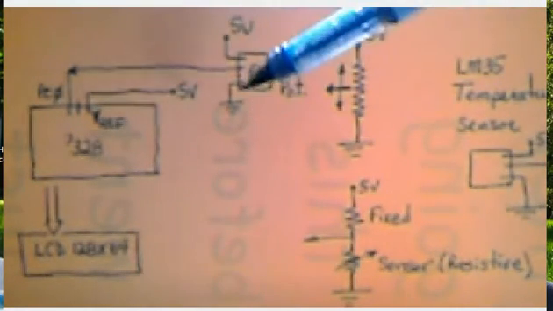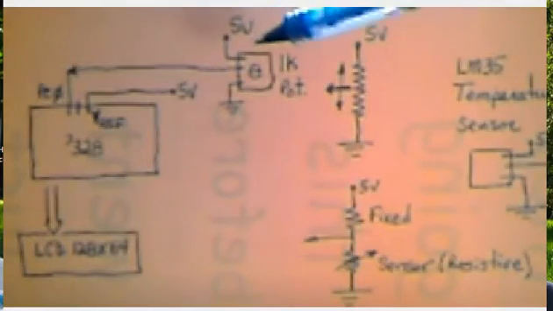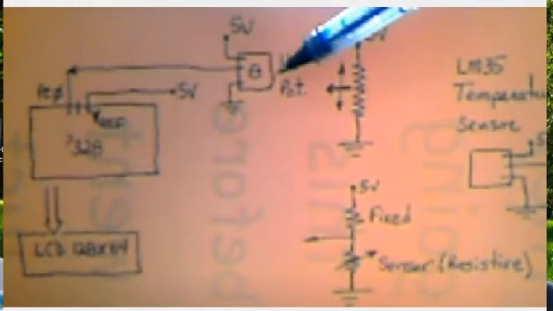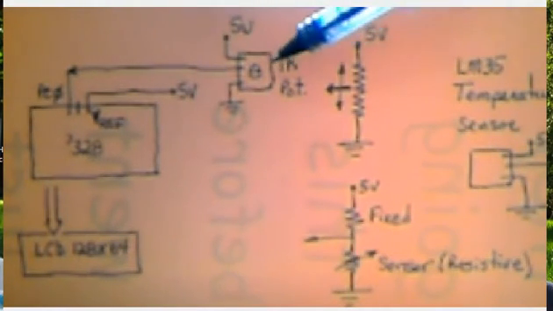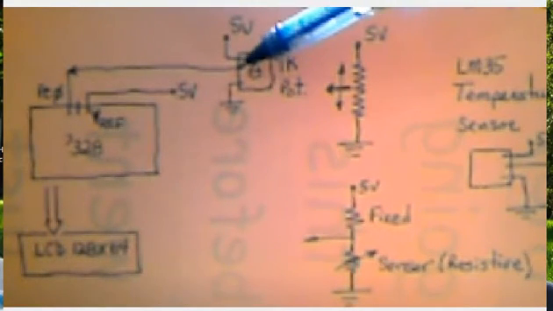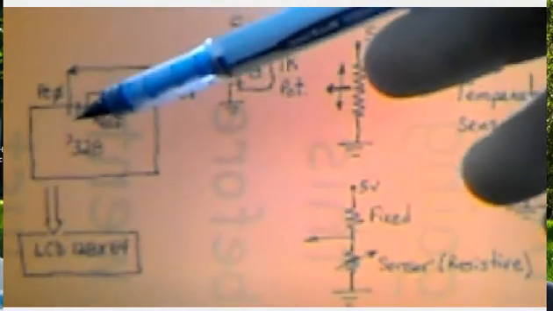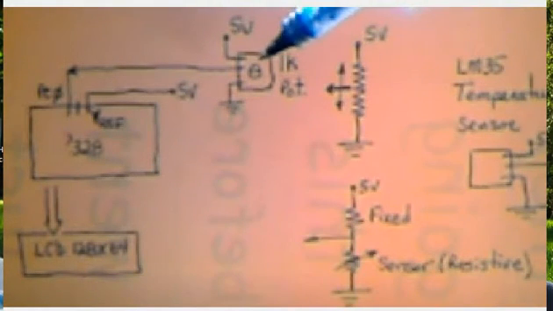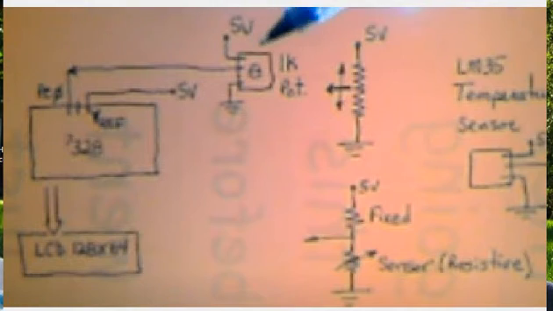You can dial it all the way up to 5 volts, and all the way down to 0. Certainly this doesn't represent temperature, but it would be very similar to a temperature sensor in that you're getting a voltage out of it between 0 and 5 volts, and it does go to the ADC converter. So this here is a minimum setup, and you may want to construct this before doing something more complicated.